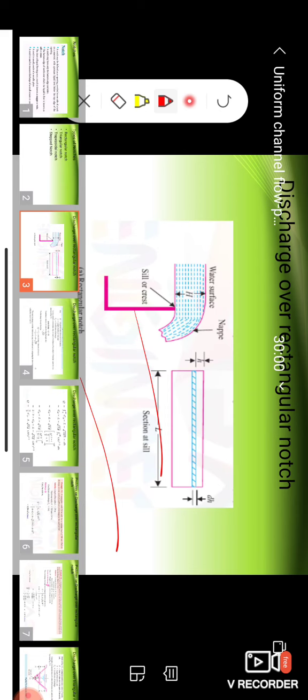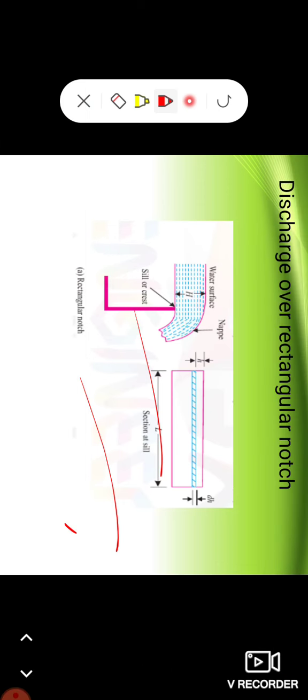In that small strip, dh is the thickness of the small strip, L is the length, and small h is the height. Let us consider a horizontal strip of water of thickness dh at a depth of h from the water level, as shown in the figure.